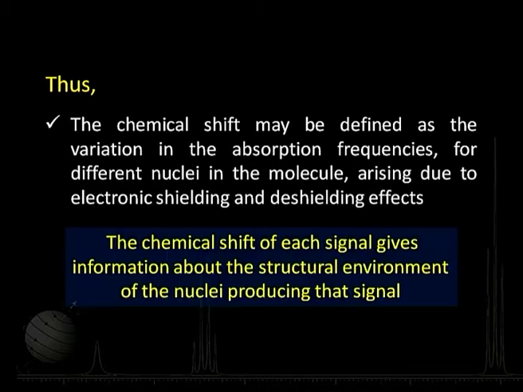And we know that the chemical shift of each signal in the NMR spectrum gives information about the structural environment of the nuclei producing that signal. If you recall our spectrum of ethanol, the OH comes at a very different value than that of CH3. That indicates that they are in different chemical or structural environments. We will elaborate on this in the next session.